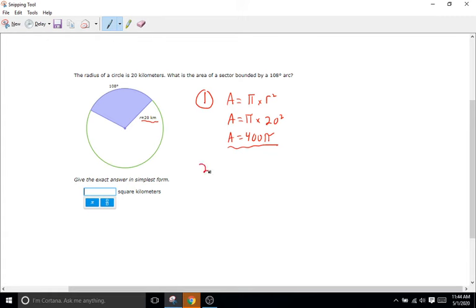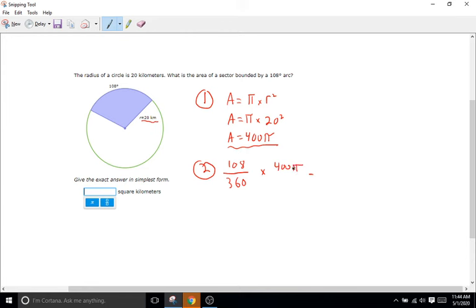Step 2 is now our proportion ratio. So we want to find the area of the sector here. So we're going to use our degree value of 108 and put it over our 360, the degree value of the entire circle. Multiply that by our 400 pi. Then we're just going to multiply across.